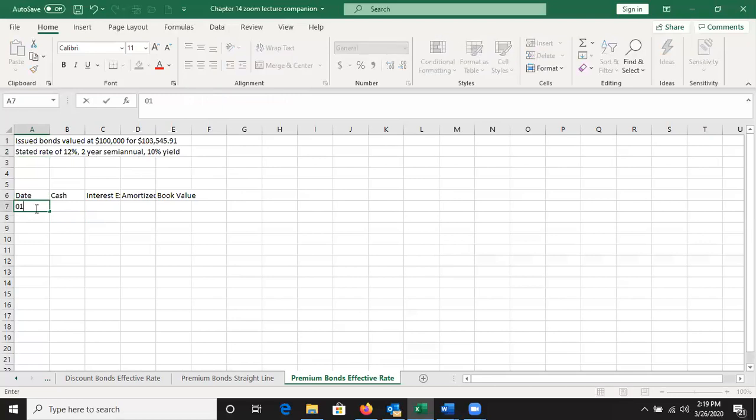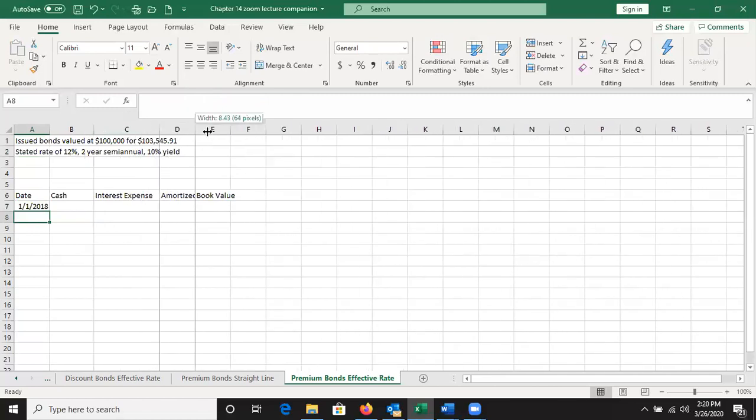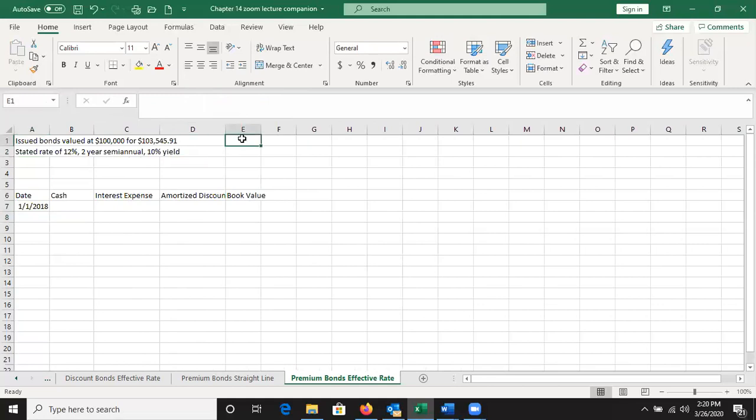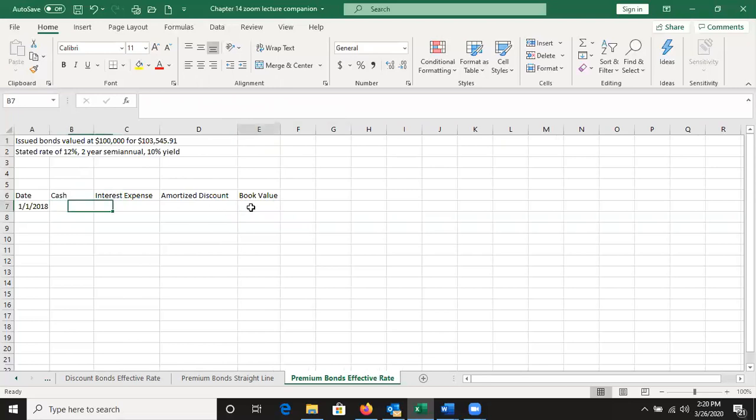So on January 1st, 2018, the book value.